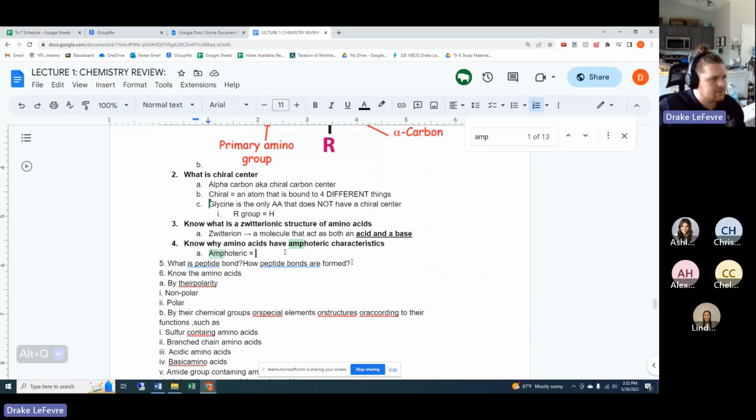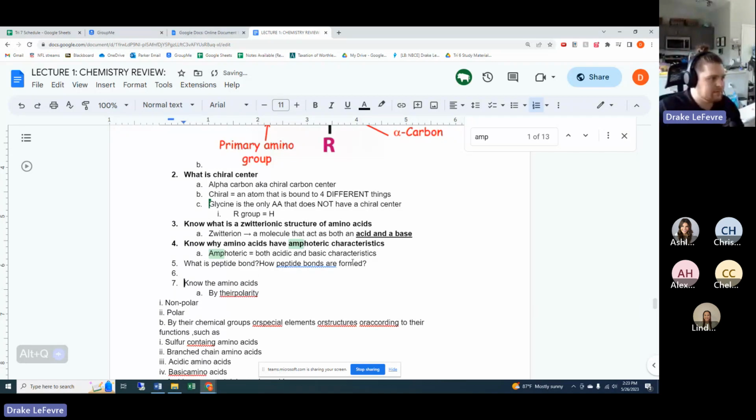So let's stick for right now that they're different. Because one was talking about positives and negatives. This one is just saying that it has both acidic and basic characteristics. So it's similar. Zwitterions will also be amphoteric. They have both the acidic and the basic characteristics. It's more like vocab. It's all saying the same thing, just different ways to say it, because saying it one way would be way too easy.